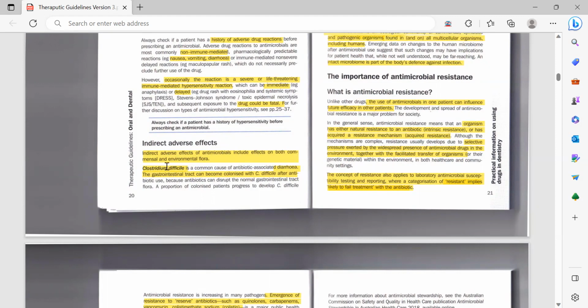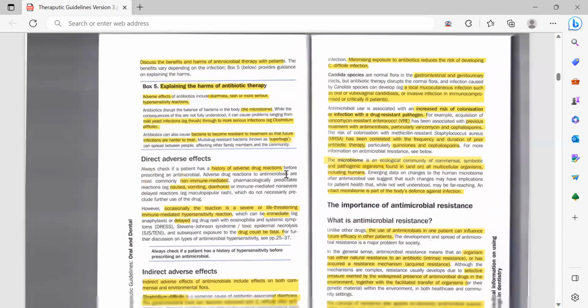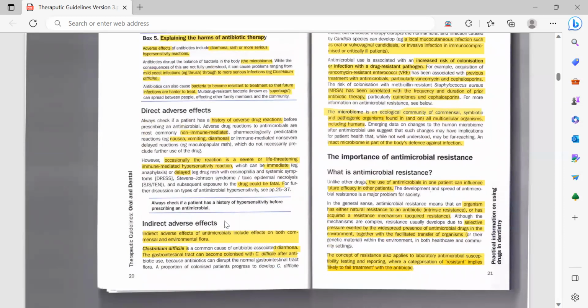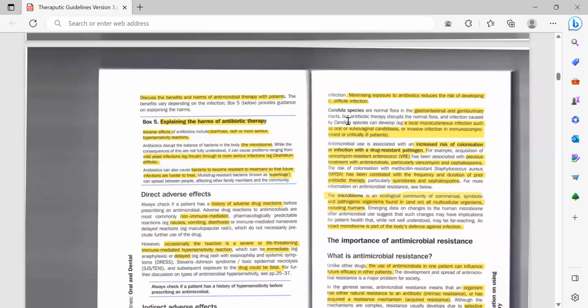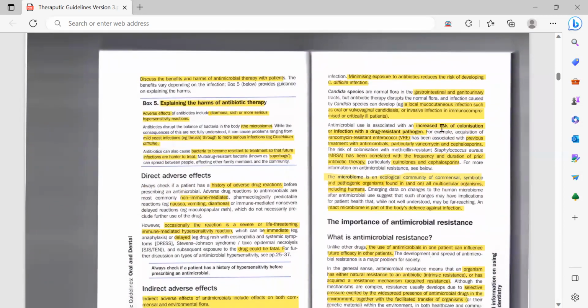For example, Clostridium difficile is a common cause of antibiotic-associated diarrhea, and the GIT can become colonized with it. So you just need to understand that indirect adverse effects can cause diarrhea, candidiasis, and can even increase the risk of resistance.